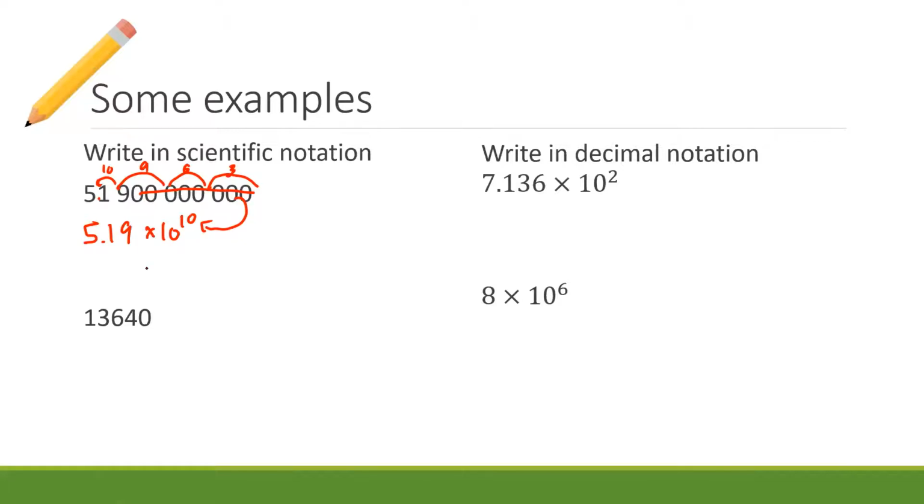Now I have to keep that 0.19, but that's okay. I will point out though, let's just say that you had some ugly number. Let me show you an example where you might use scientific notation but in a different way. Let's say you have this number here, 216,000. Sorry.